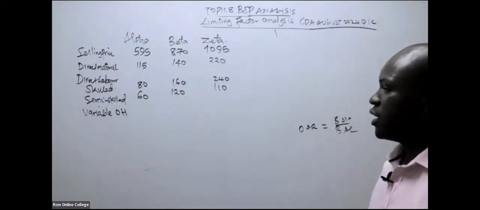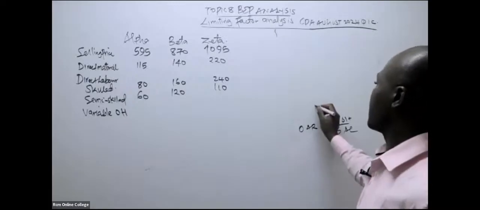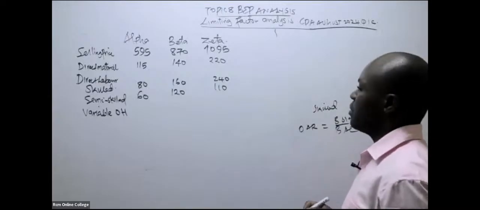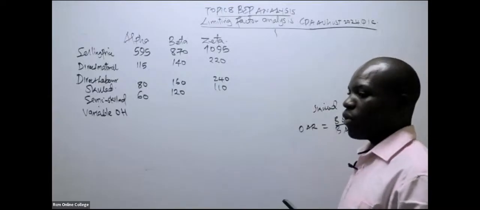We are being told that variable overheads under skilled, we need to absorb 100% of it as variable overhead.